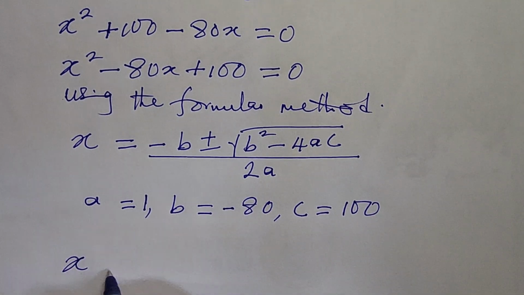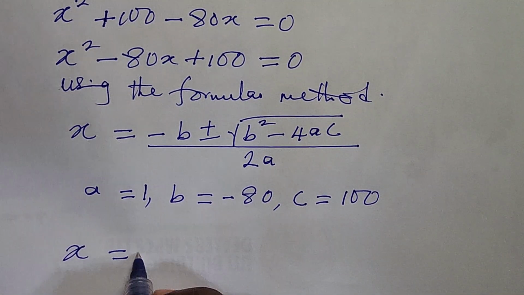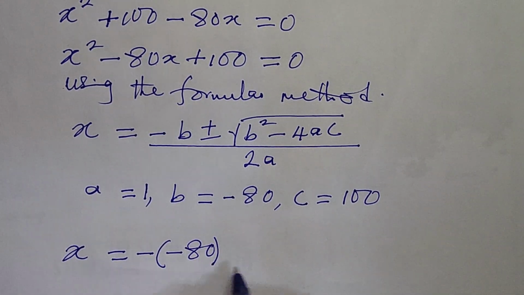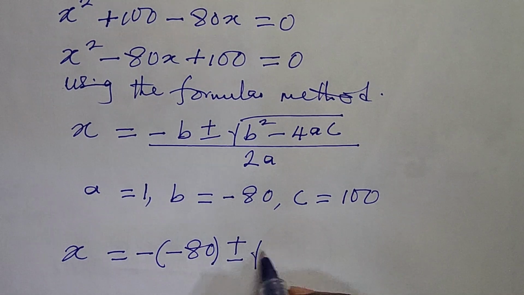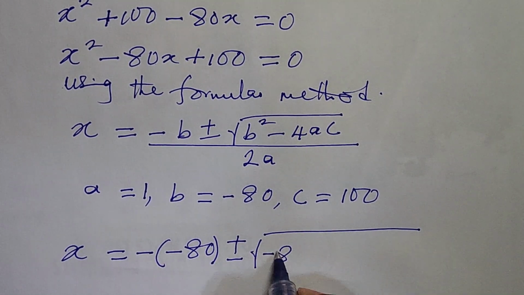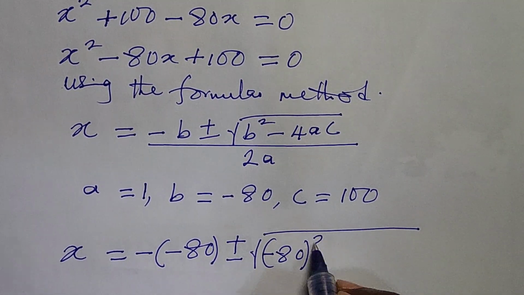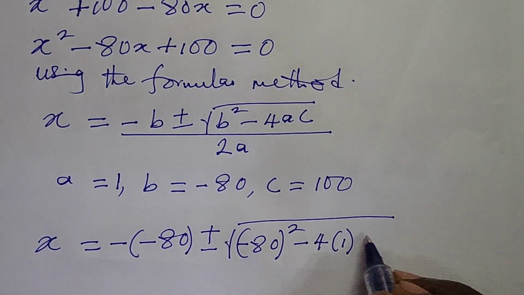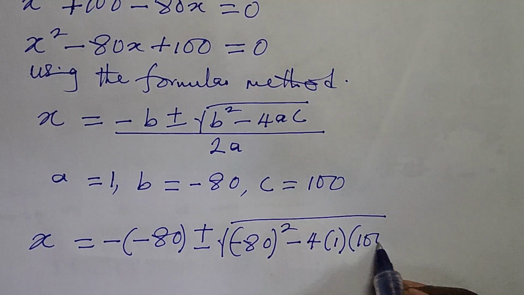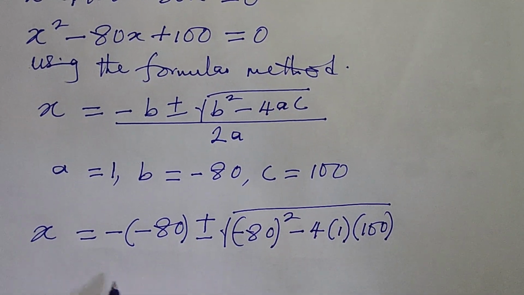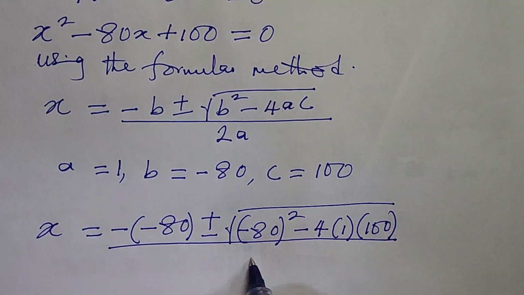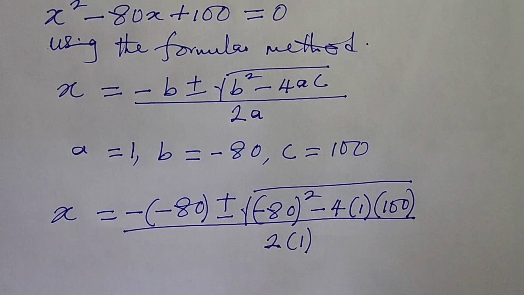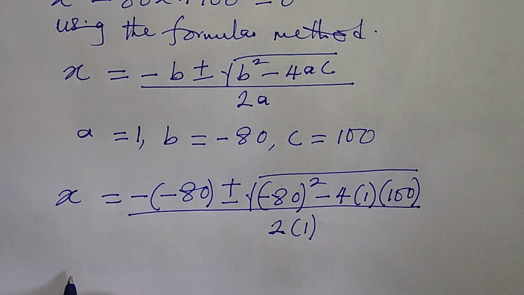So this is going to give us x equal to minus, bracket, minus 80, close bracket, plus or minus the square root of minus 80, close bracket, all squared, minus 4 into 1 into c, which is 100, close bracket, everything all over 2 into 1. Good. So minus times minus will give us plus.